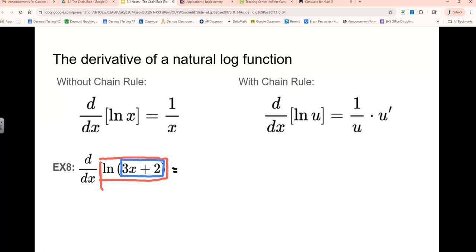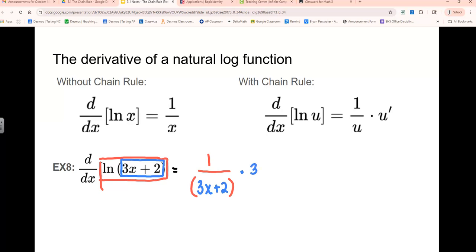So to take your derivative here, when you take the derivative of natural log, it is 1 over the something, which the something is 3x plus 2. That takes the derivative of the natural log part. Then you must multiply by the derivative of the something, the stuff on the inside, which is just 3 here.